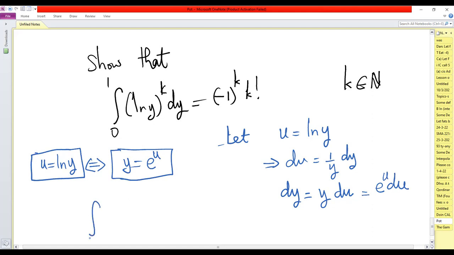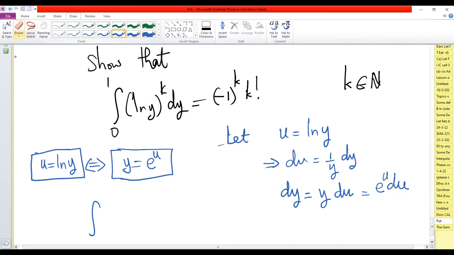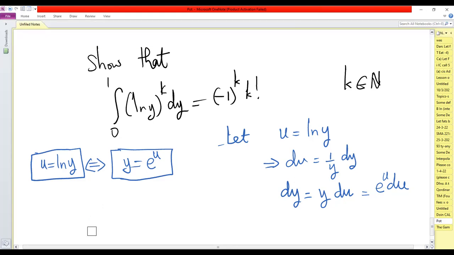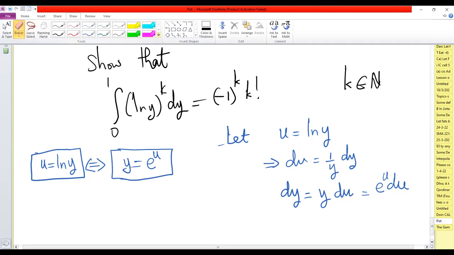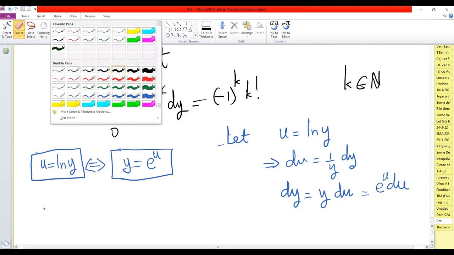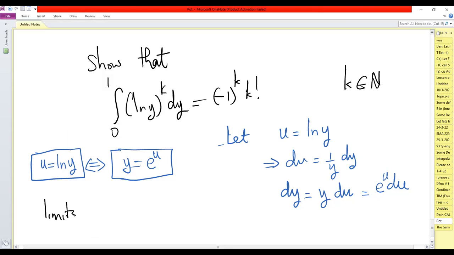Now, once we have that, let's see how the limits are changing. For limits, remember these are limits for y.